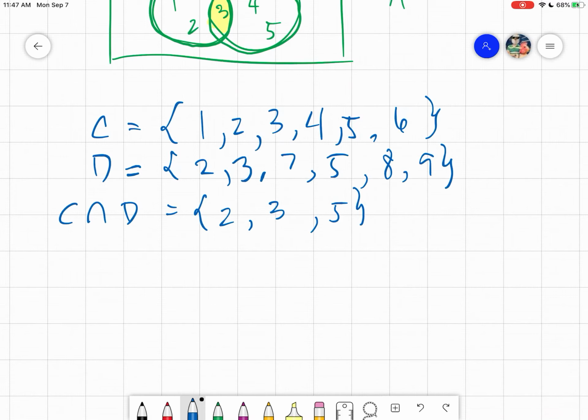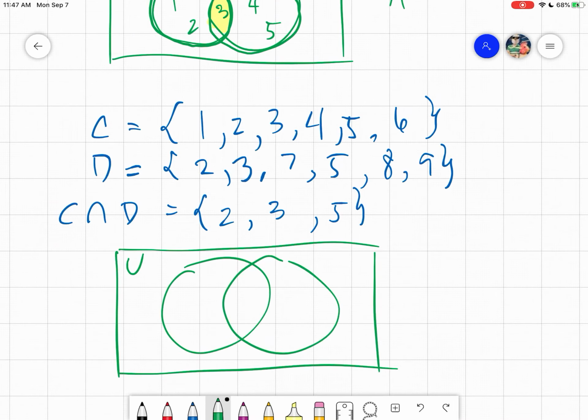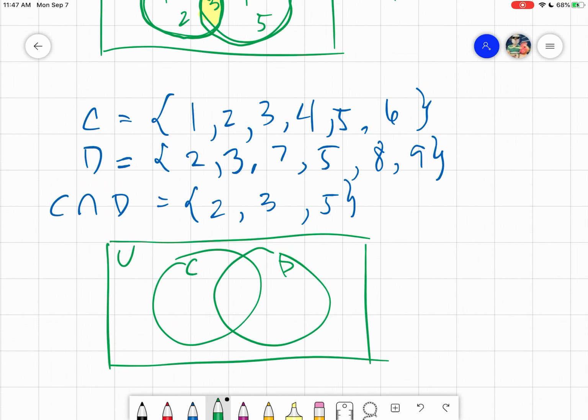And again, if I will try to express this one in the Venn diagram way, universal set pa rin, kukuha ako ng intersection between them. Make sure that the circles are inside. Okay? Ito si set C, ito si set D. Either I will list it down or not, pero remember na ang common nila is 2, 3, and 5. Ito ay merong 1, 4, and 6.